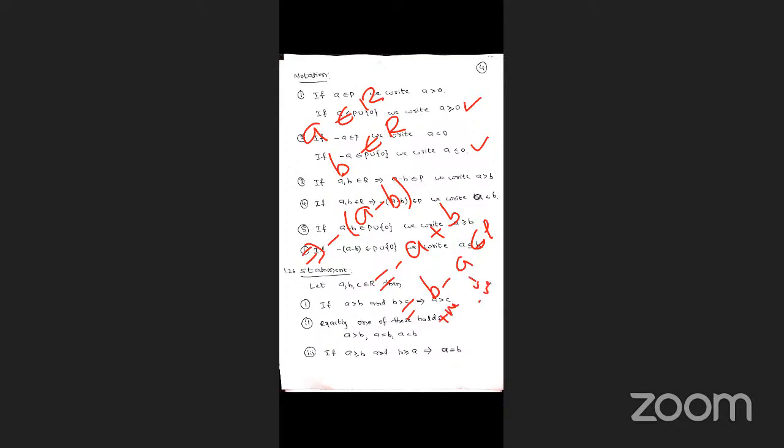We can write it A is less than B, or B is greater than A. This is the notation of A greater than B and B greater than A.